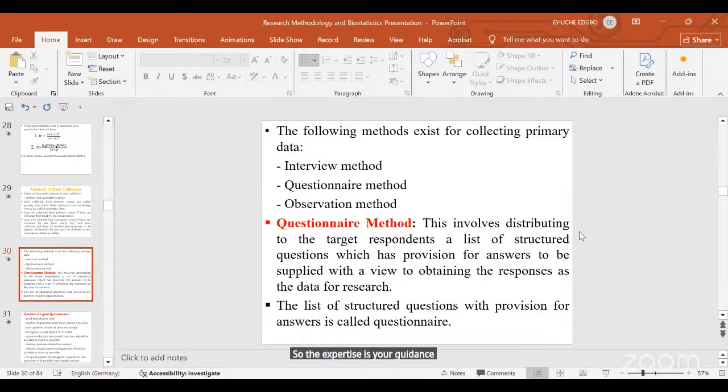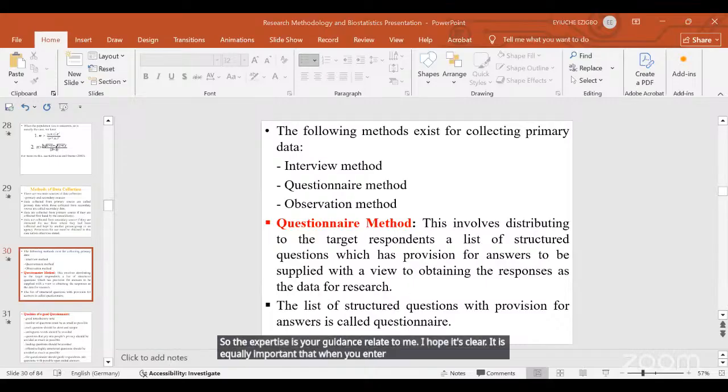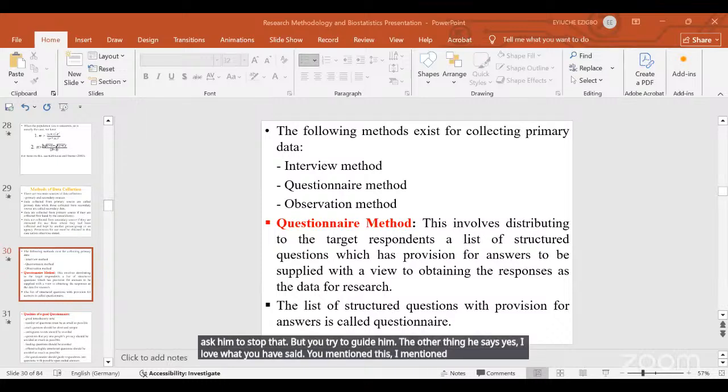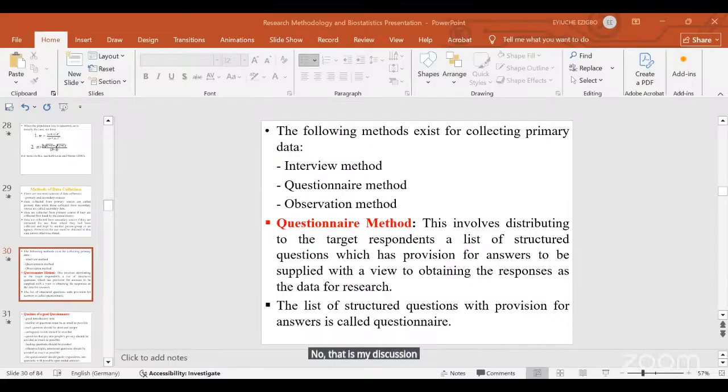I hope it's clear. When the person being interviewed is saying something that is not relevant to the research, you don't abruptly ask him to stop, but you try to guide him. You say, yes, I love what you have said, you mentioned this and that. But taking it from that point, you direct the discussion, you ask a different thing, something that is in line with what you are interested in.